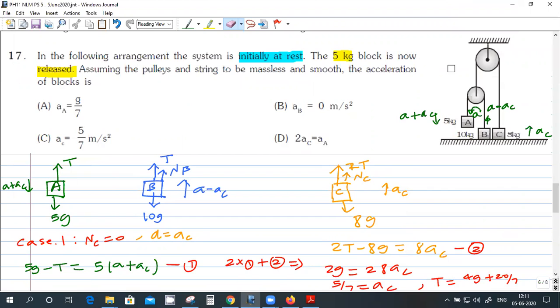So how did you do it? How did you constrain the accelerations of the blocks? What I did is this one. Let the acceleration of this pulley be AC upwards.